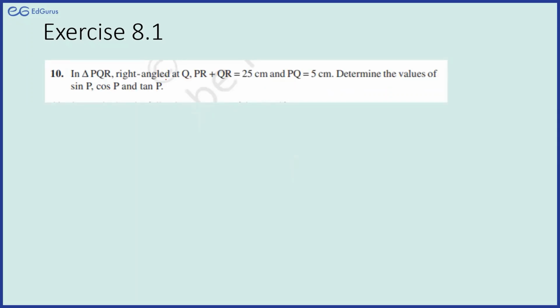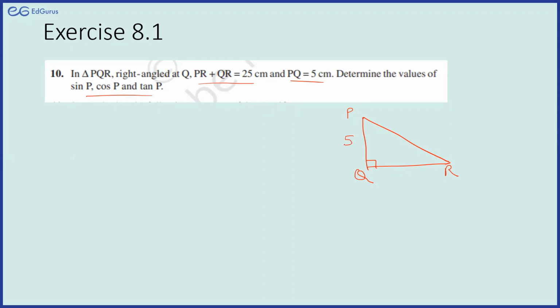In triangle PQR, right angled at Q, now sum of the two sides is given, another side is given, determine the values. This is very similar to what we did just now in an example. Remember, usme difference of the sides was given to you, right? So this is my triangle PQR, right angled at Q. So this is P, this is R. Now PR plus QR is given as 25.